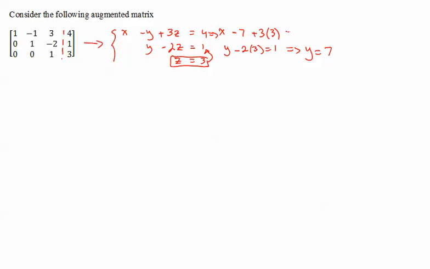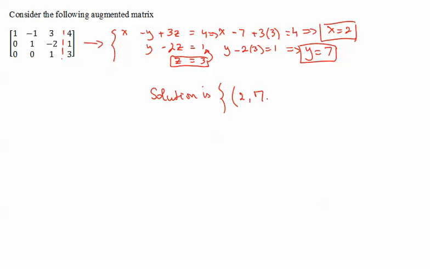We are substituting the two values that we just found, y and z, into the first equation. That will help us solve for x, and solving for x here, we get x equals 2. So the solution to this system is 2, 7, and 3.